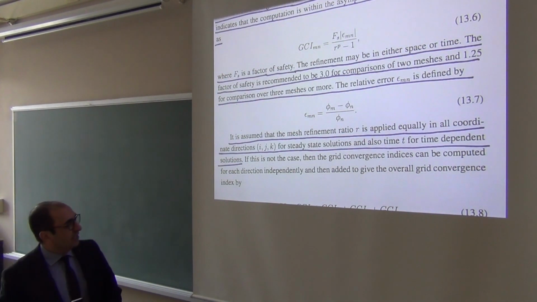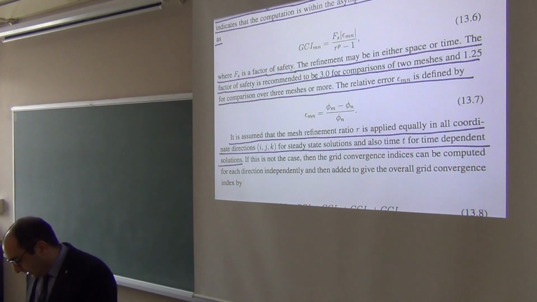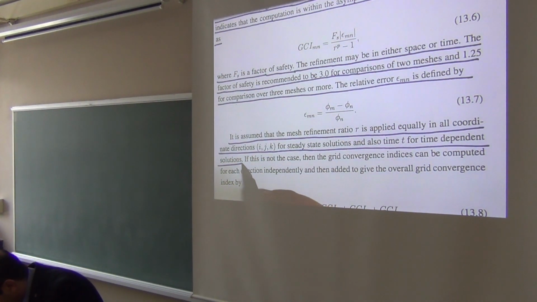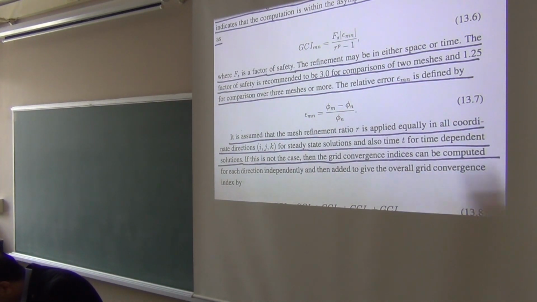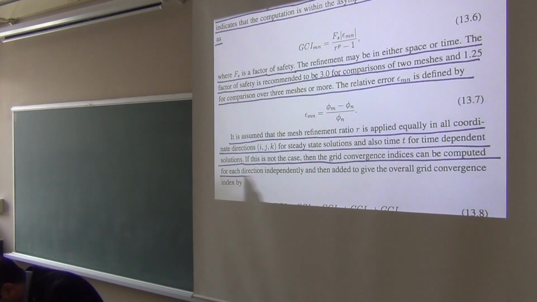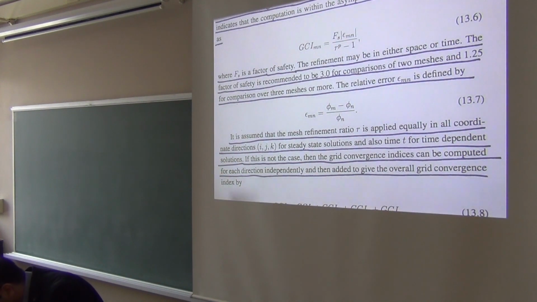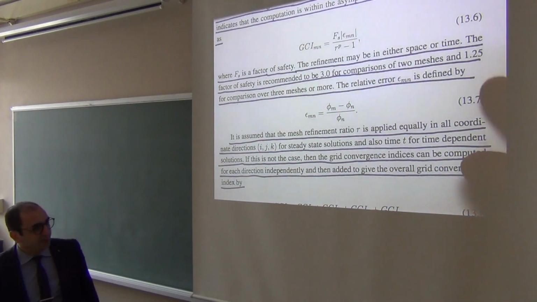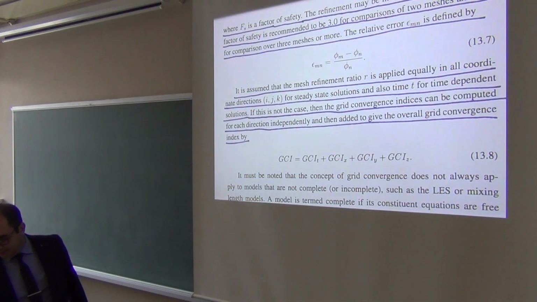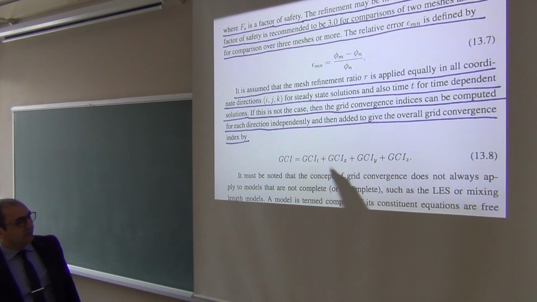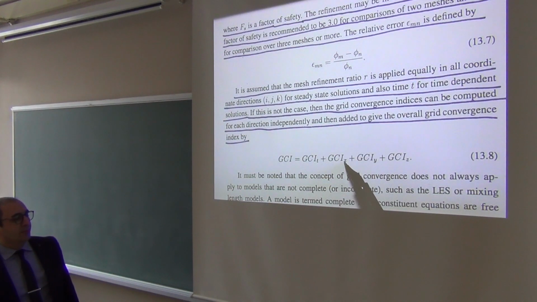However, if your grid is not refined by the same amount in different directions and time, then you can calculate GCI for each direction independently and then add them up. So in other words, you can calculate GCI independently in the over time discretization, direction x, y, and z.